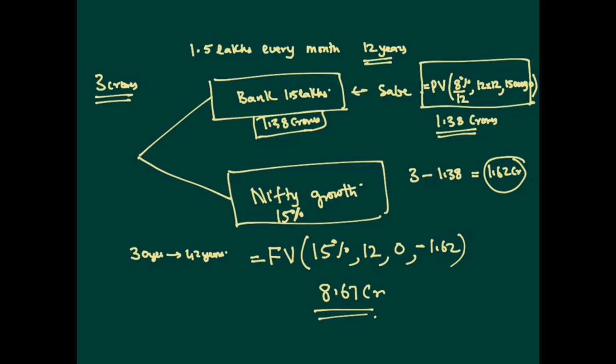Now the same logic you are going to apply for the next part. For the first 12 years, you needed 1.5 lakhs per month. But now 12 years are gone, you are now 42. So when you are 42, inflation at 6% means your 1.5 lakhs actually becomes 3 lakhs, doubles.